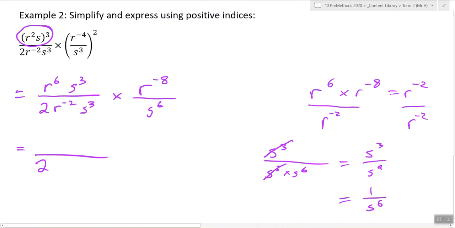Does that make sense? Yeah. 3 minus 9 is negative 6. Bring it under the brackets. s to the power 6 is another way to do it. So the final answer, the r's disappeared, so we're just left with 1 over 2 s to the power 6.